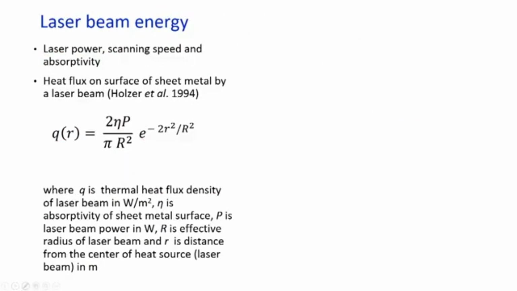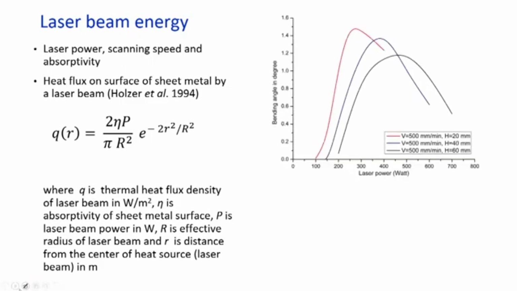Now, let us see what is the effect of this laser beam energy over the bend angle. On your screen you can see a graph of bend angle. The bend angle is recorded in degrees, and we have laser power along the x axis. The laser power is varied from 100 watt to about 800 watt, and we are recording the bend angle for a constant scan speed.